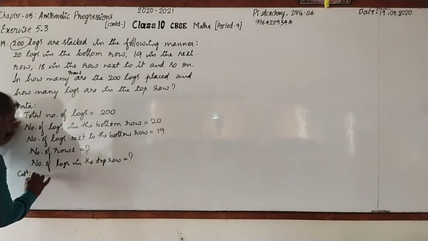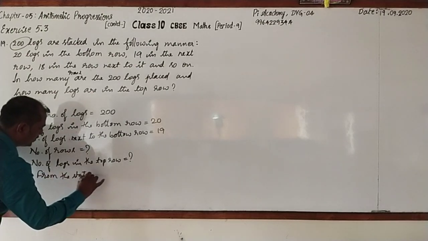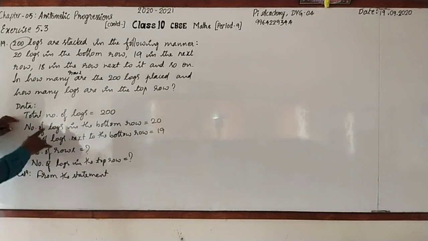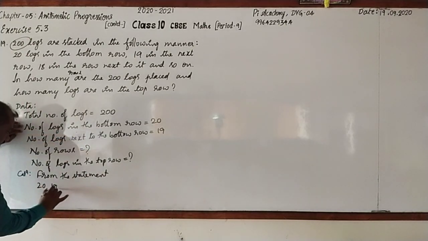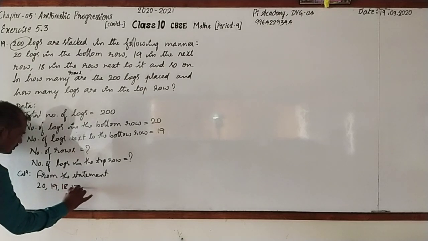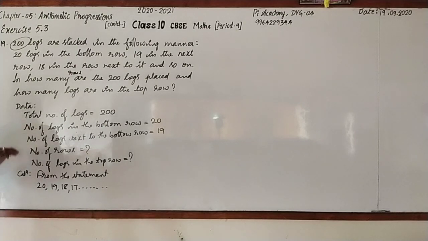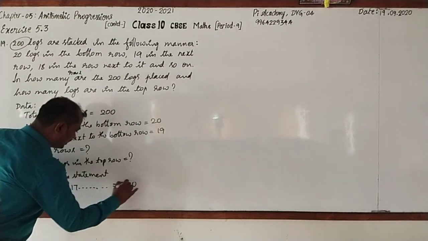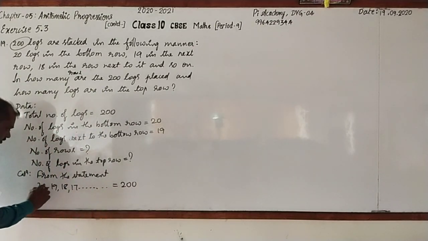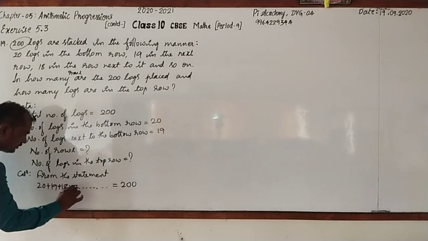Here from the statement we can write that. How do you write? In the bottom row 20 are there, next to that 19 are there, next 18, next 17 and so on. Then total 200 logs are there. It is equal to 200. Means when you add all these logs, you will get 200. Right?